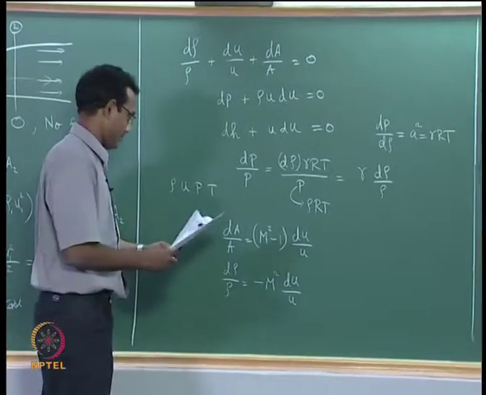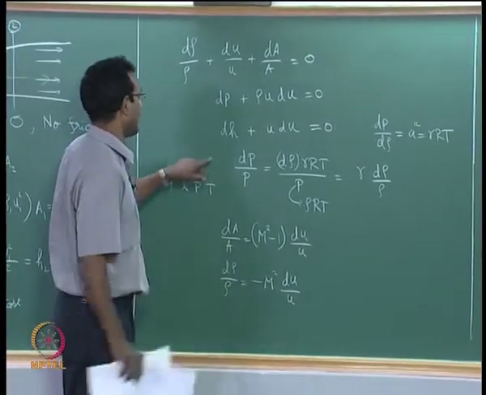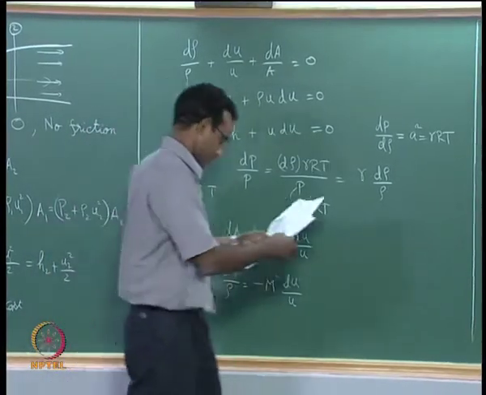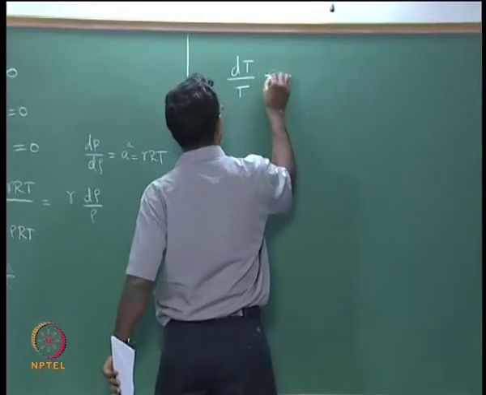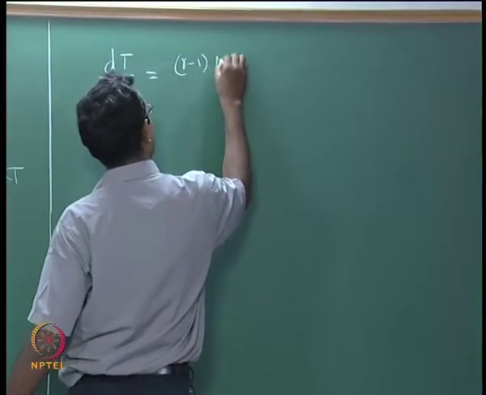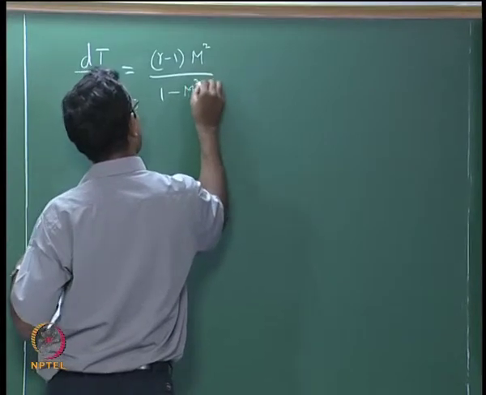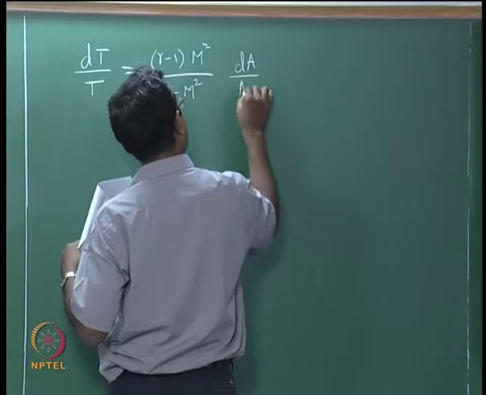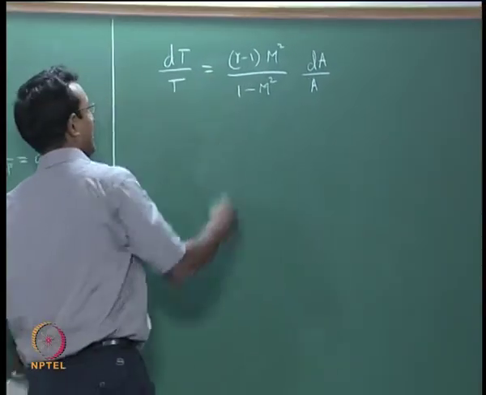Very simple. Okay. Now a better expression we want to get will be dT by T from the energy equation, which of course will come out to be, I will leave that as an exercise for you to get to. It is not very difficult to get. Okay. We will have it in this particular form.